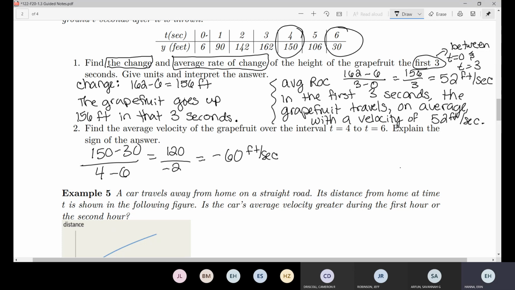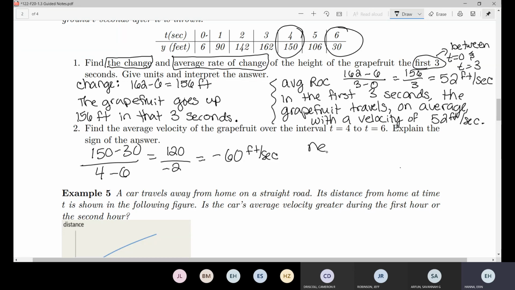And this is why it says explain the sign of the answer, because you might be wondering, how the heck can something travel with negative velocity? Most of the time, unless it's specified differently in the problem, especially when we're talking about up versus down, up is going to be positive velocity and down is going to be negative velocity. So this is saying that on average, during the 4 to 6, it's traveling downwards during that time. On average, again.